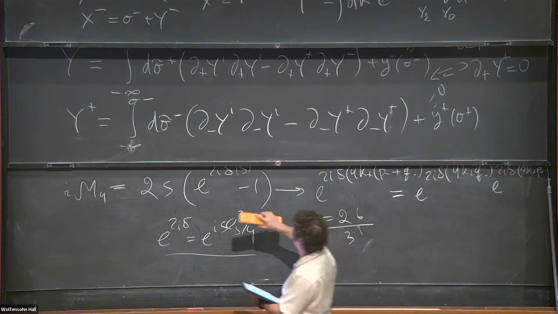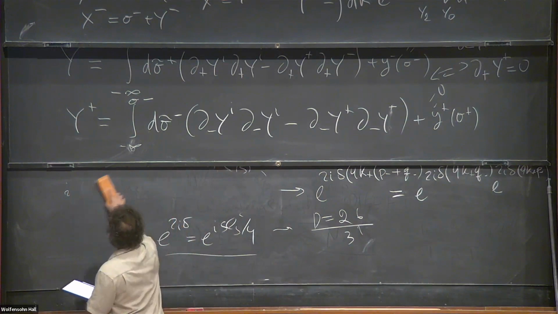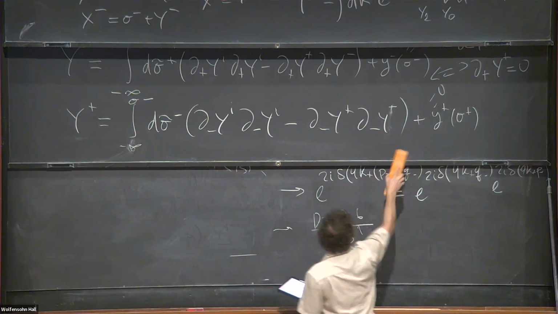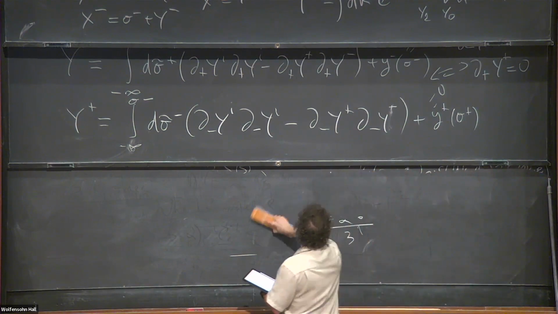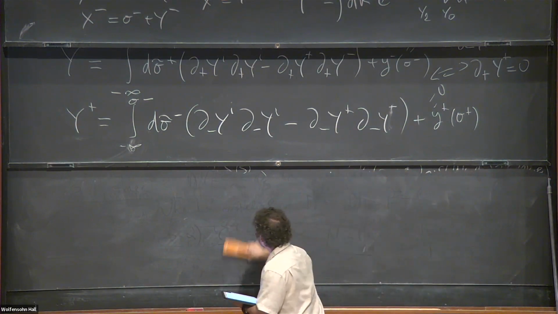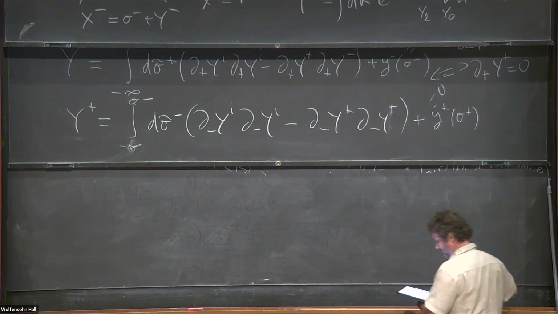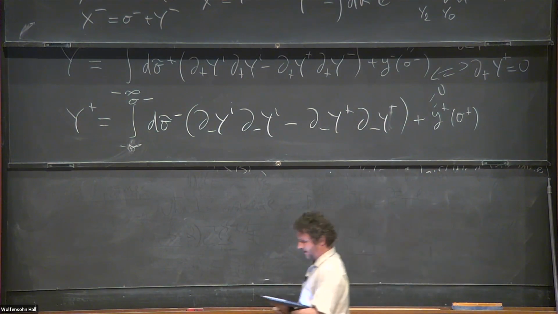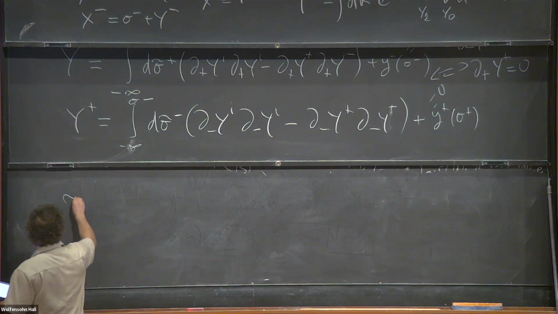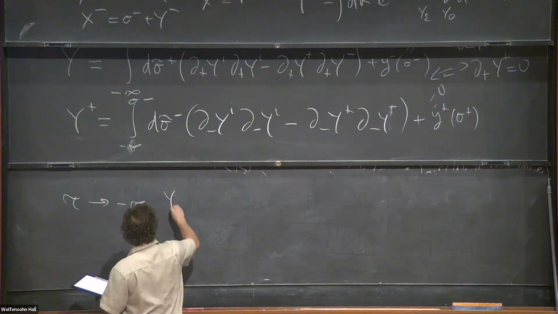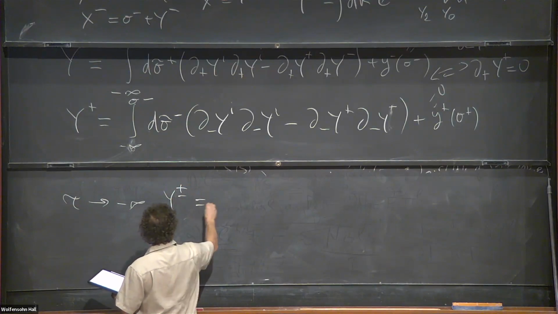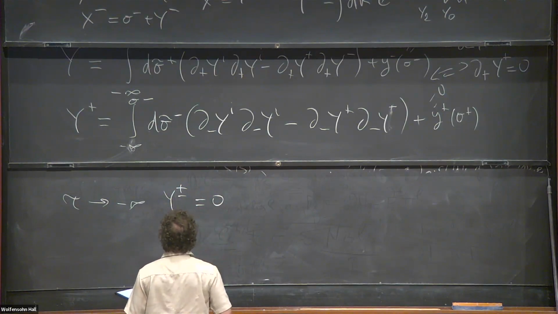Under the condition that the small y's are equal to 0, if one looks at these expressions for y plus and y minus, then one finds that as tau goes to minus infinity, y plus minus are just equal to 0.